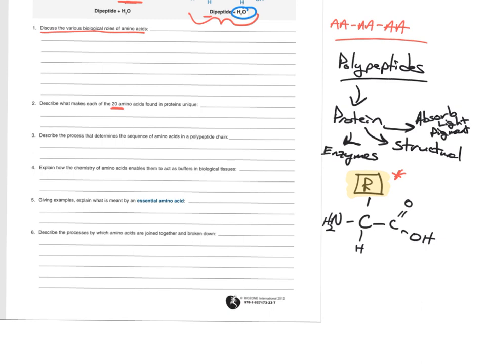Describe the process that determines the sequence of amino acids in a polypeptide chain. You don't have to worry about that yet. We haven't covered it. We'll come back to that. Explain how the chemistry of amino acids enables them to act as buffers. Again, let's not worry about that. You know what? I think we did cover in general, even though the details we haven't covered.